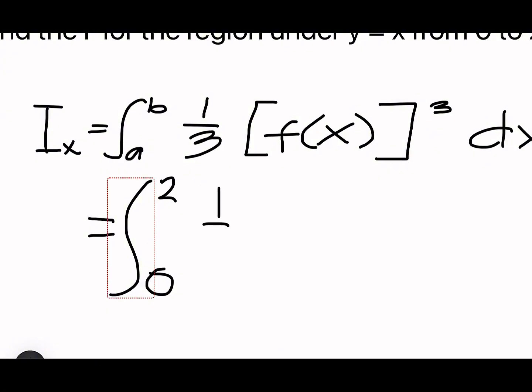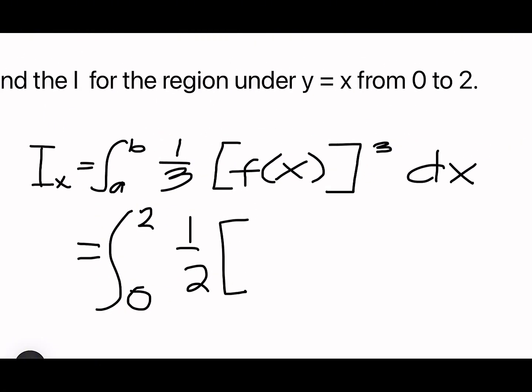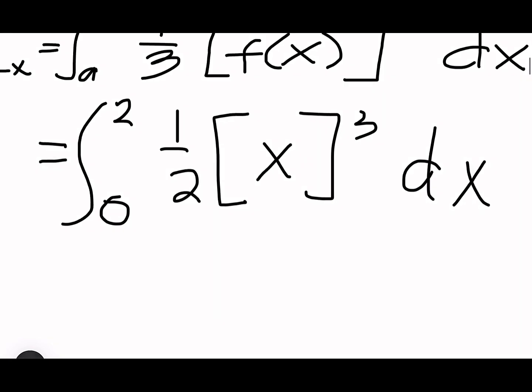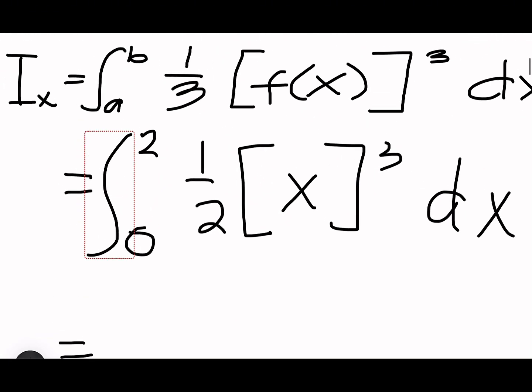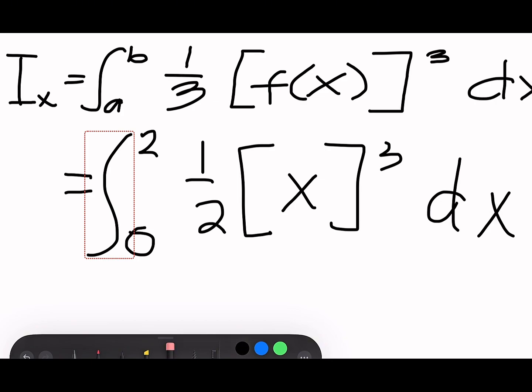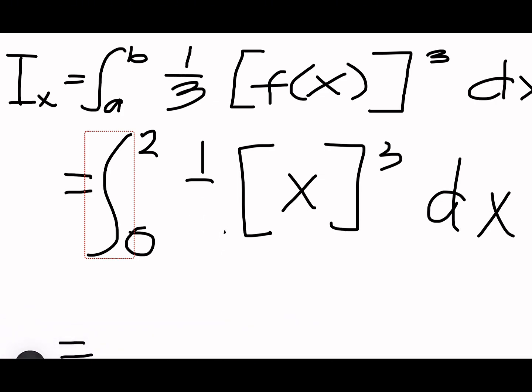Copy the 1/3. So our f of x is y, so y equals x is going to be x cubed dx. I know it's triple, it's not 1/2, it's 3. Okay, sorry, so it's 3.